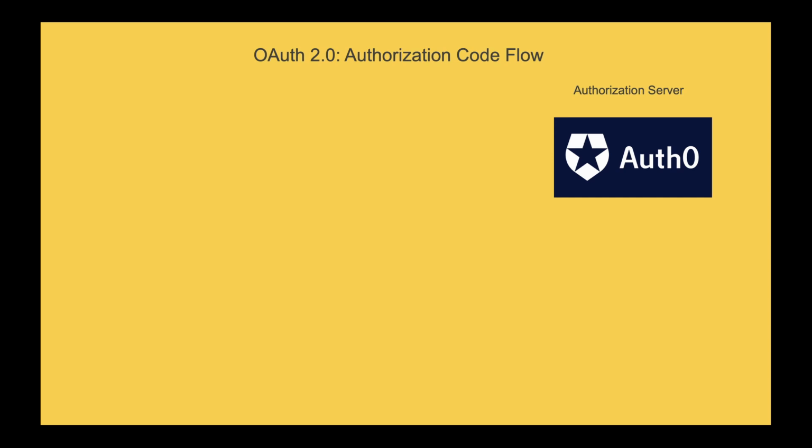Now, I'm not going to build my own authorization server, so I'm going to use Auth0 to do this for me. If you've never heard of it, it's basically a cloud identity provider that helps you focus on building web applications while they handle the authentication and authorization problems for you. Auth0 has got a ton of great libraries to help you implement OAuth for your application.